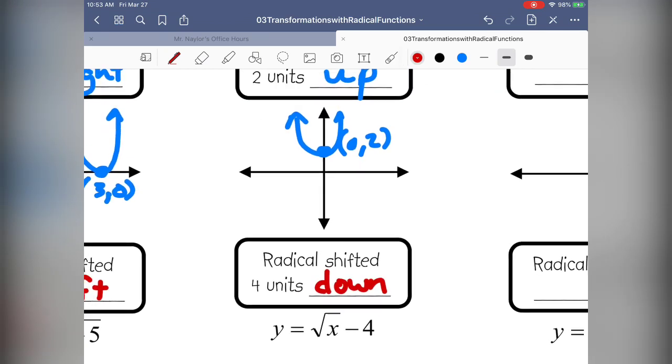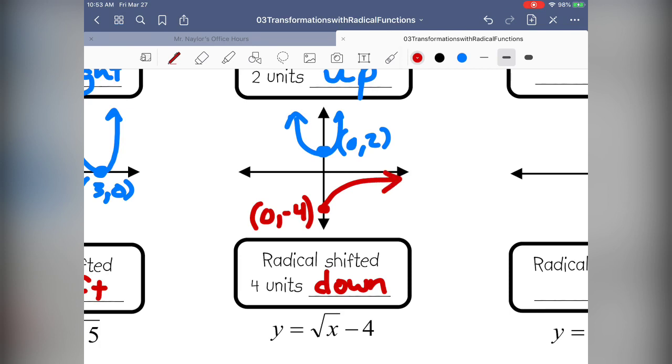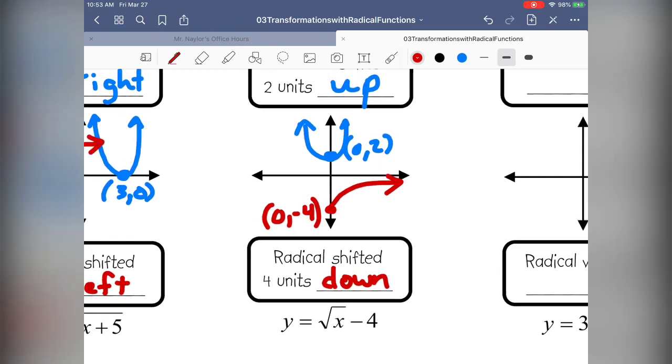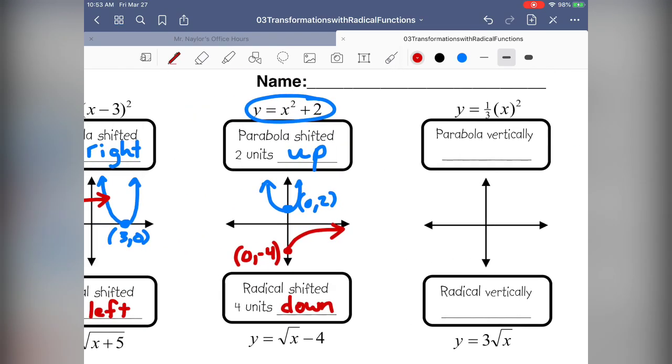It's very easy to graph a square root graph that's shifted down 4 units. We can mark that starting point, that vertex, at (0, -4), and draw your radical graph. Pretty easy to draw a graph if you're using transformations. You just have to remember them.